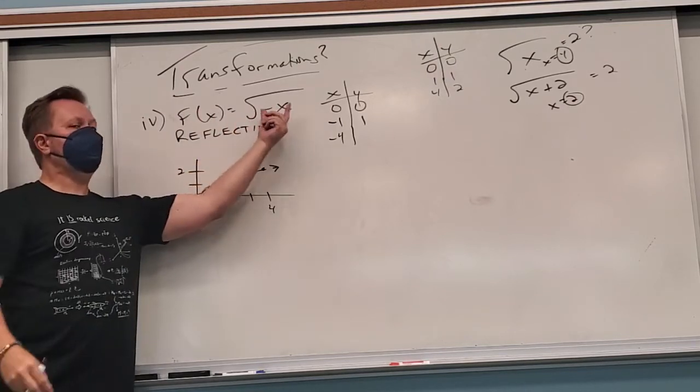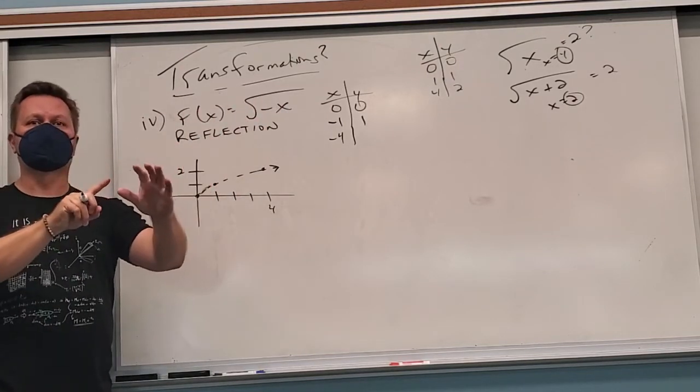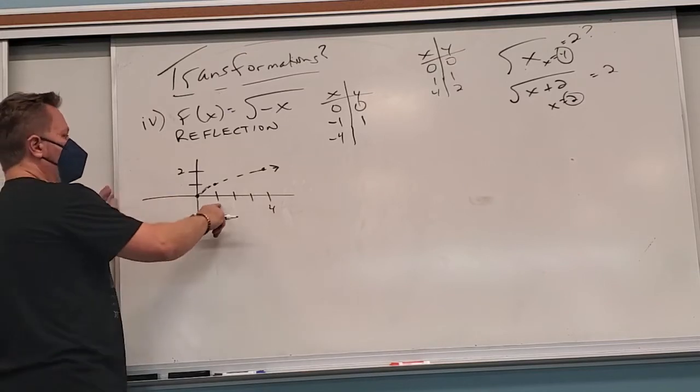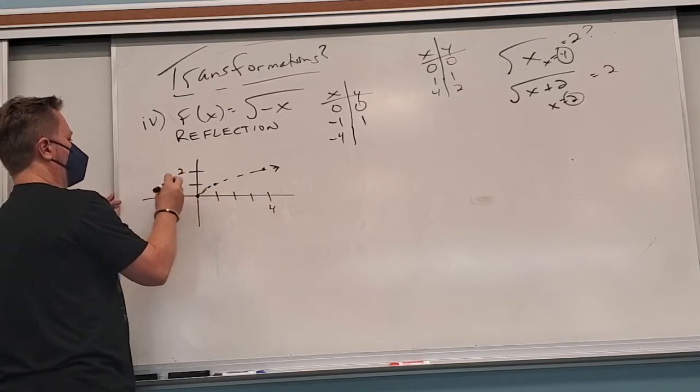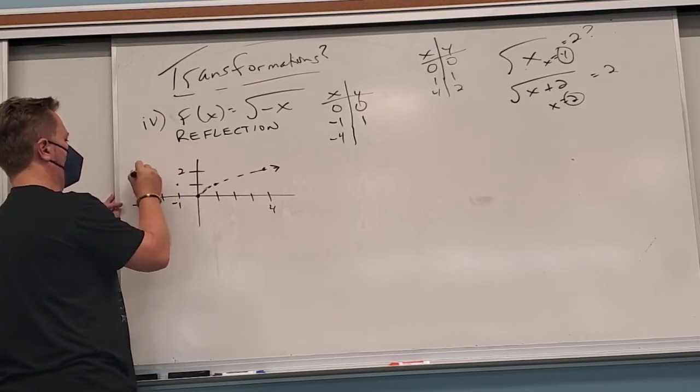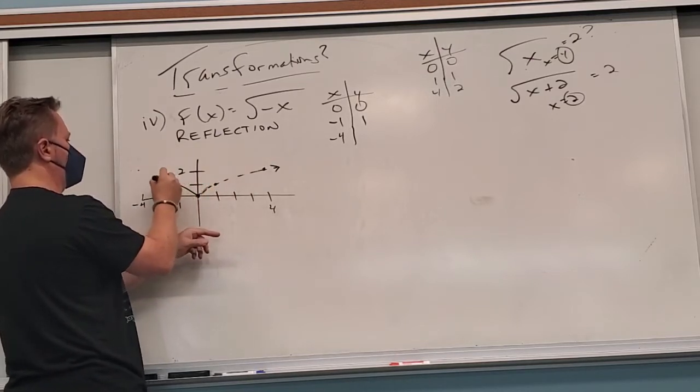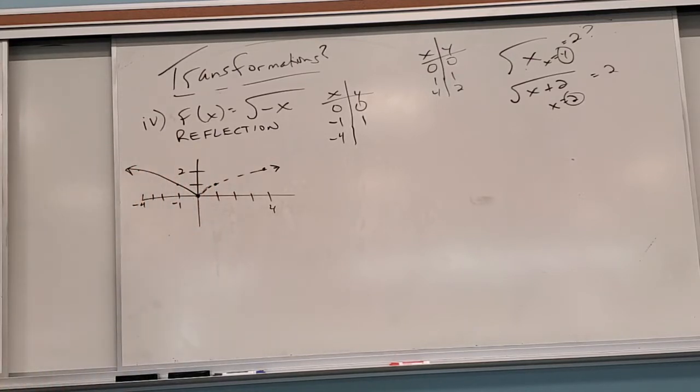It's in with the x, so that's going to be left and right. So 1 used to go to 1, now -1 goes to 1. -4 goes to 2. So it just takes this and mirror images it across the y-axis.